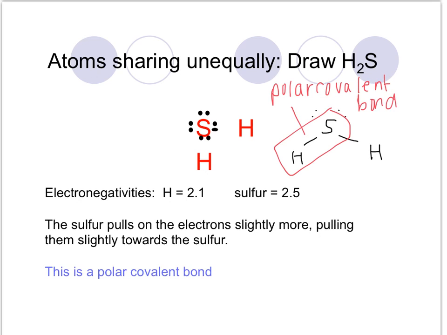Sulfur is more electronegative than hydrogen, and so you can see in the dot diagram to the left that the pair of electrons that are being shared between hydrogen and sulfur will lie closer to sulfur because of that larger attraction towards the electrons. A polar covalent bond doesn't necessarily mean the molecule will be polar itself. We will have to look at shape to make that determination.